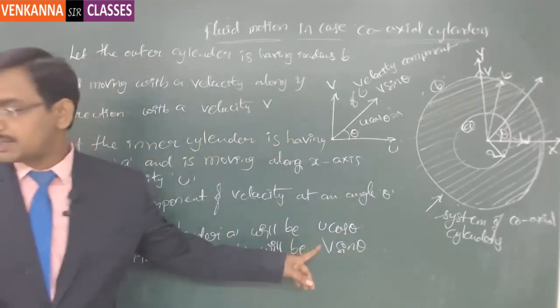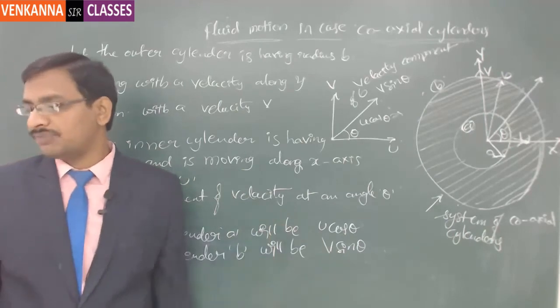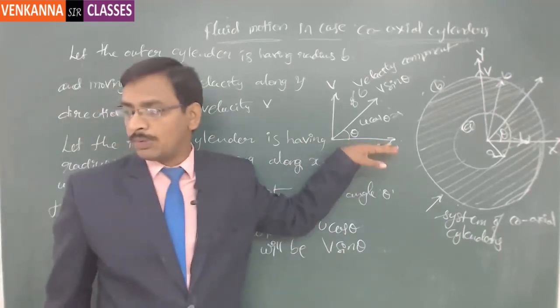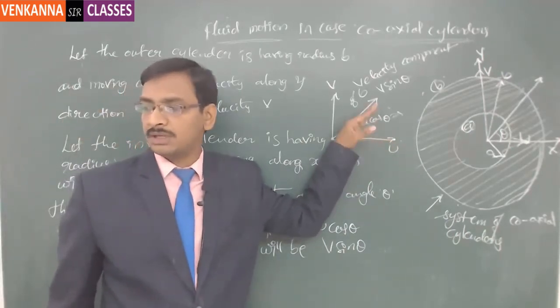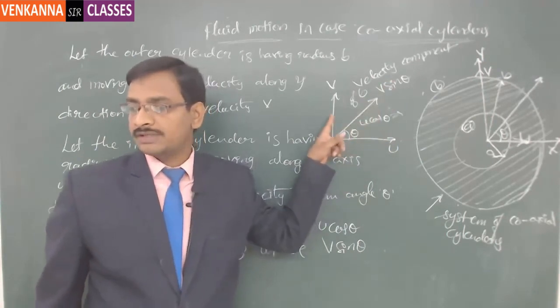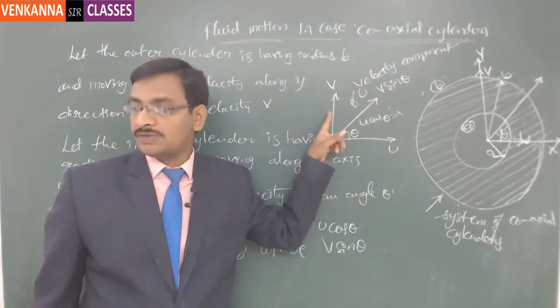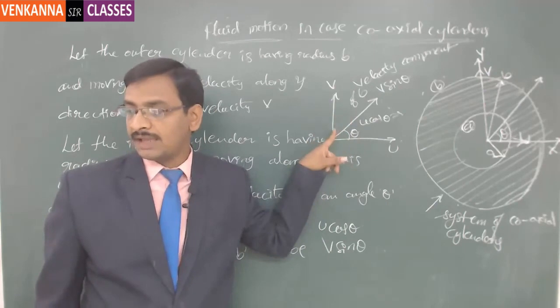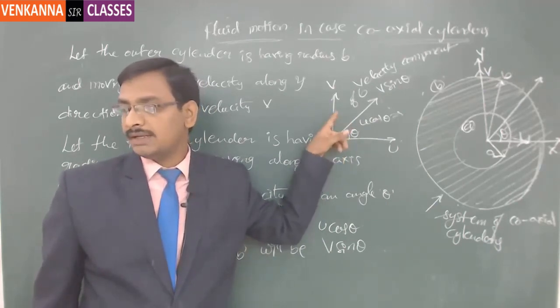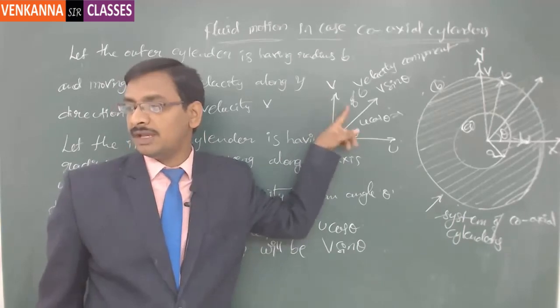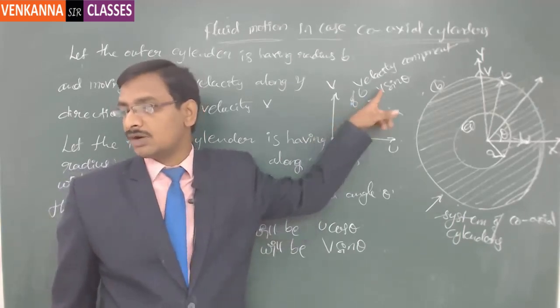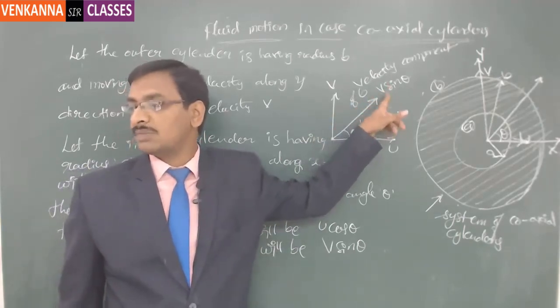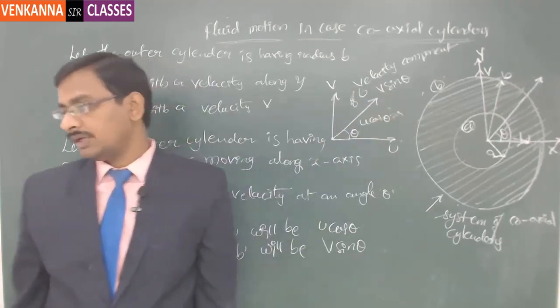So understand this, u cos theta and v sin theta. The u cos theta is the component of u along this direction. Now v sin theta is the component of v along the same direction. The angle here is 90 minus theta. So v cos of (90 minus theta) is the component along this direction, which is nothing but v sin theta. Clear?